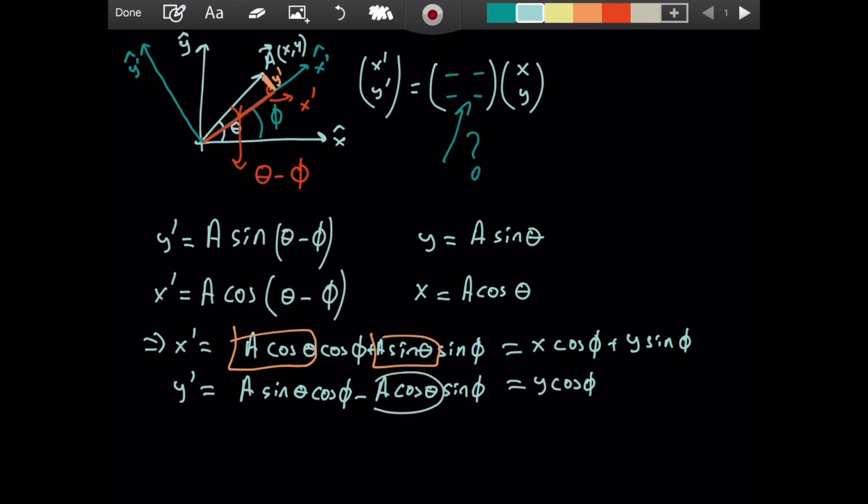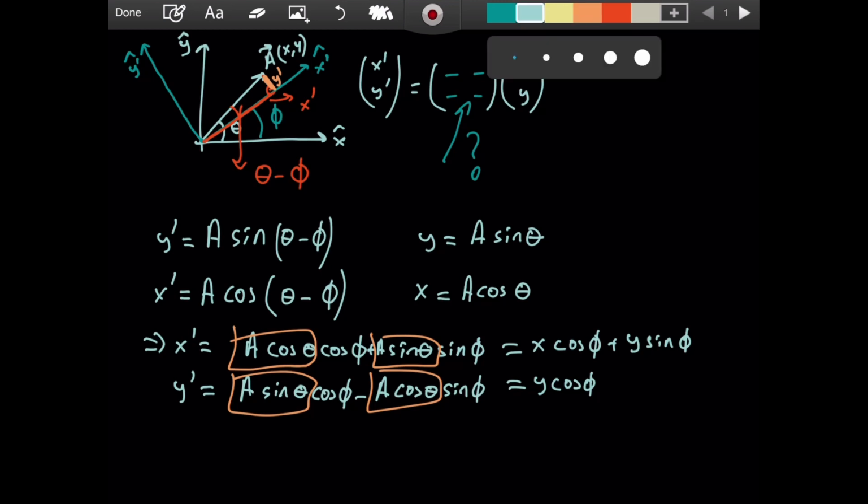I wrote the cosine first here to show this grouping more clearly. Okay, so we group this, and here we have A cosine of theta, which is x. We also have the minus up front, so minus x sine of phi. Okay? And with this being said, we are in fact done.